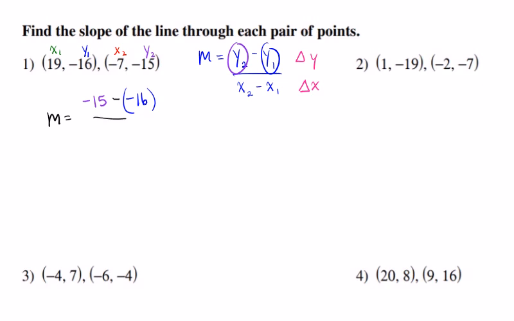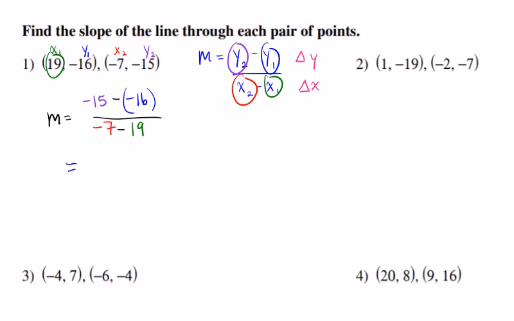Okay, all over, and then on the bottom we have x2 minus x1, right? So x2 is red here, so negative 7. Then we have another built-in negative here, so I'm going to put minus, and then x1 is 19. All right, and I'm going to put that in green. So I'm going to put 19 here. Okay. All right. So y2 minus y1 on top, x2 minus x1 on the bottom.